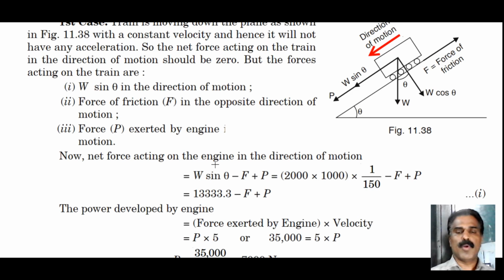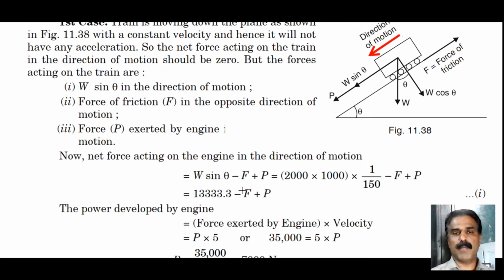Normally we will be assuming that the forces in the same direction of motion are positive, and those in the opposite direction are negative. So the equation will be like this: W sin theta minus F plus P, because W sin theta is in the same direction, P is in the same direction, F is in the opposite direction.